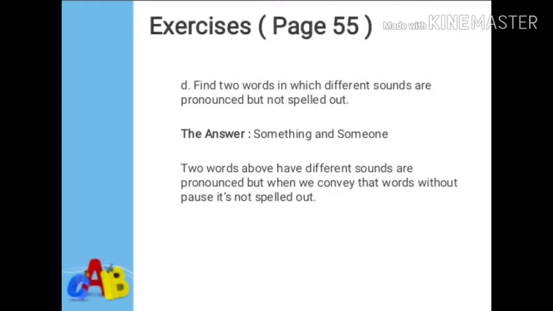Why? Because the two words someone and something have different sounds when pronounced, but when we say the word without a pause, the sound is not spelled out. So I think that's all about my answer, and I hope you understand. Thank you for your attention.